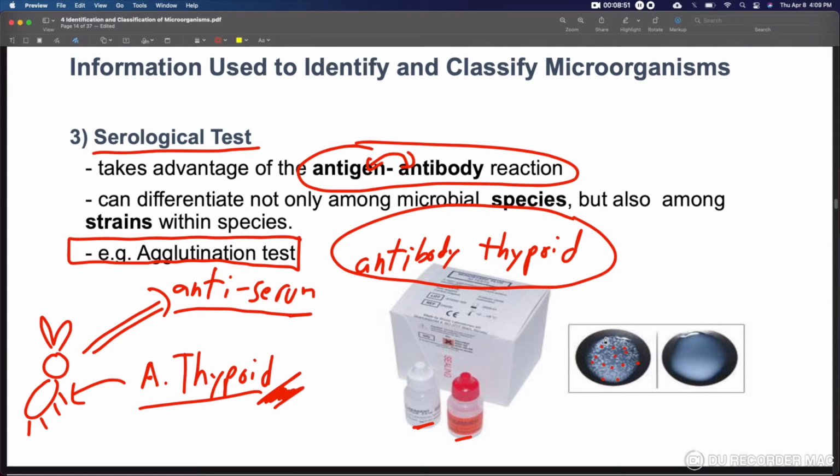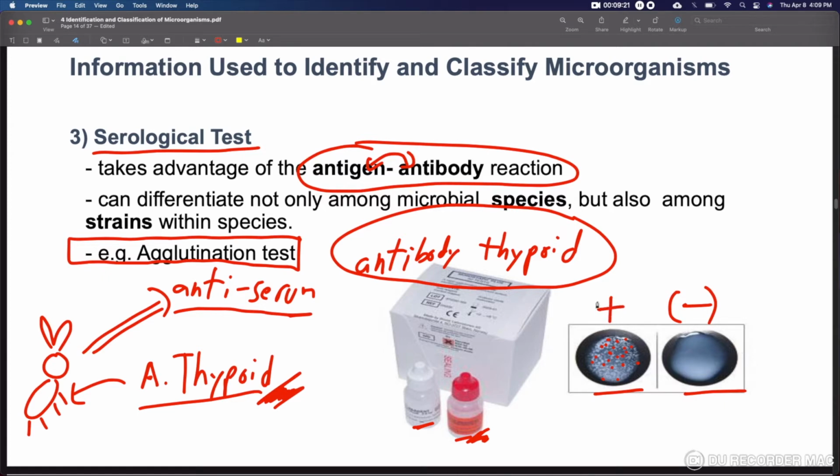So if that antibody for typhoid reacts to this, or for example E. coli or Pseudomonas or any microbes you're using that you have the antibody for, you just need to put in a drop of that anti-sera and you watch for agglutination. If there is no agglutination, this is negative, so it's not that organism.